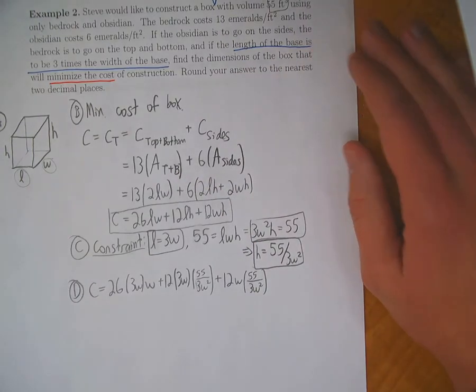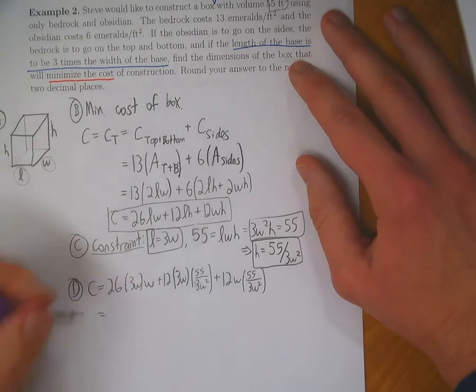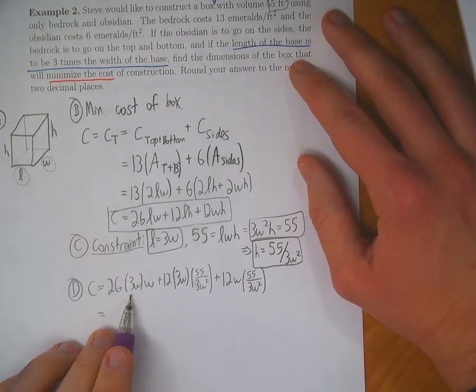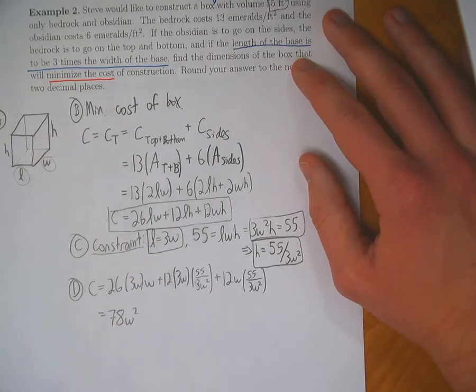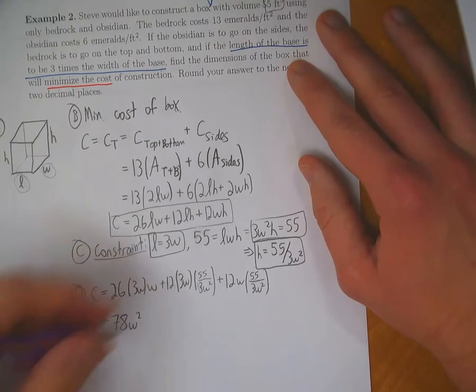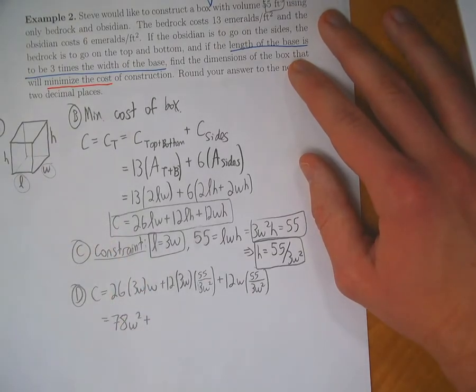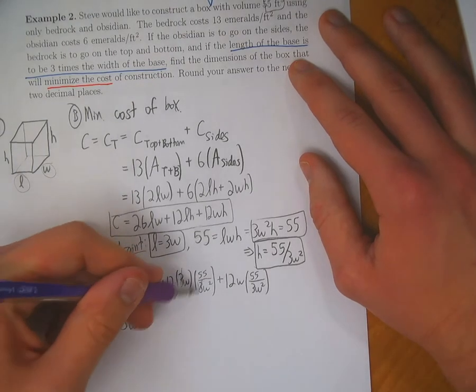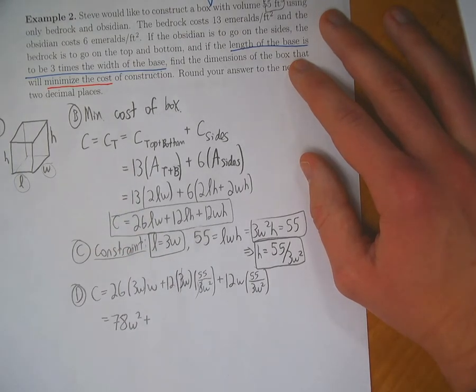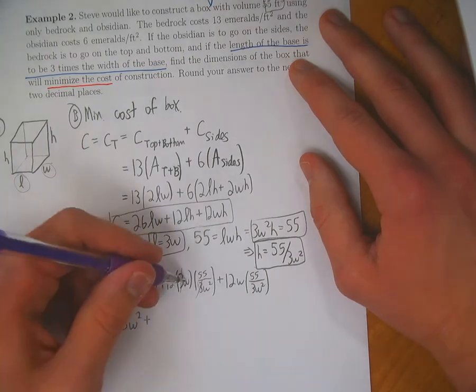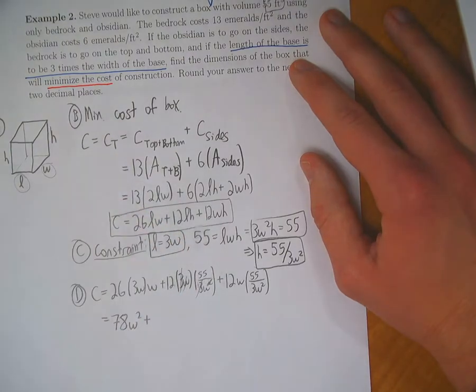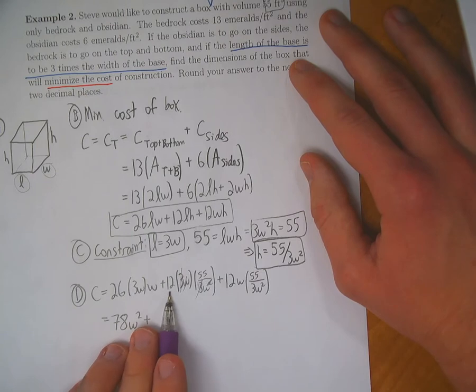So now let's go ahead and clean this up a bit. The first term is 26 times 3, which is 78. You plug that into a calculator, and then we have W squared. Then what do you notice about the next two terms? For the second one, there's a 3 on the top and bottom, so we can cancel those out. We also have a factor of W on top and bottom as well. So then we have 12 times 55.